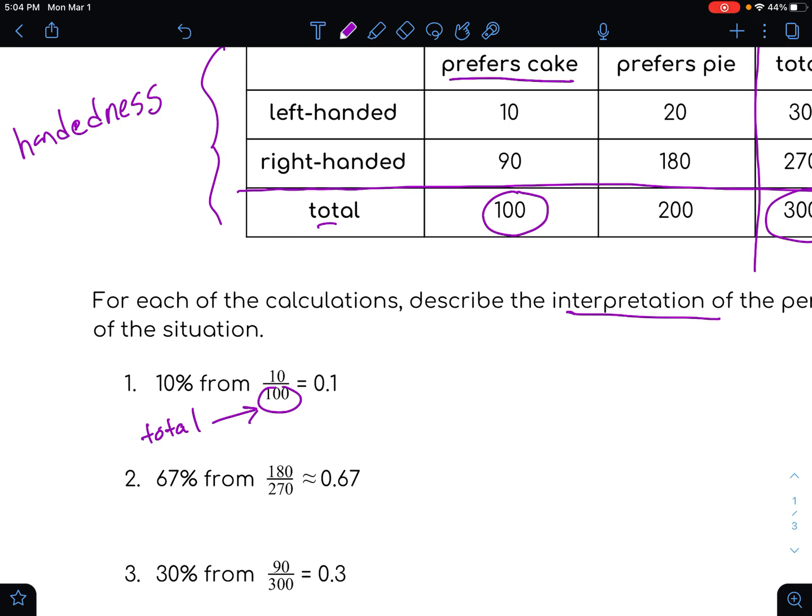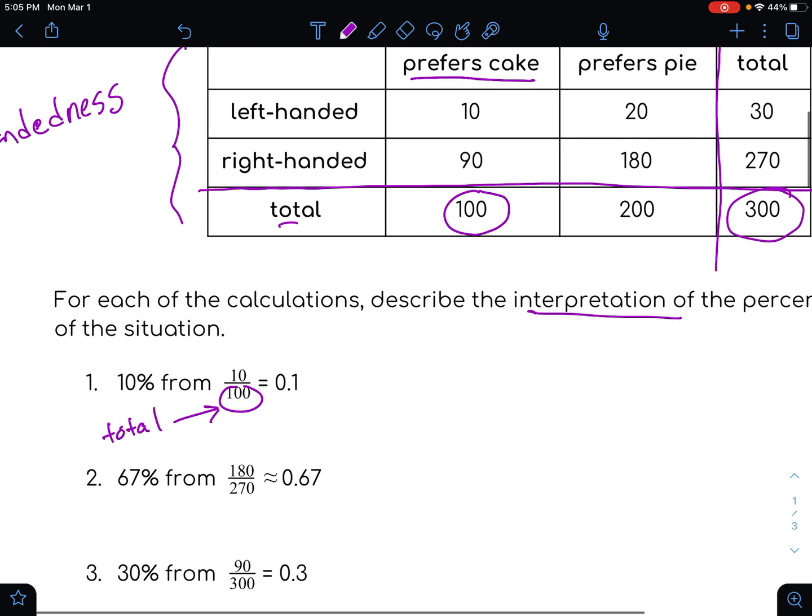So that's going to be key because as we've gone through the last couple of lessons, when we start to analyze the two-way tables and then take a percentage out of the two-way table, the key is to understand what does the denominator of that fraction mean. And in this case, the denominator of that fraction, that 100, comes from the total number of people that prefer cake.